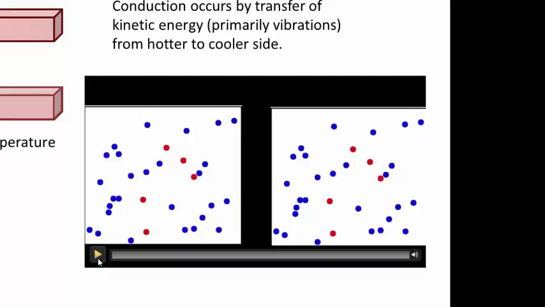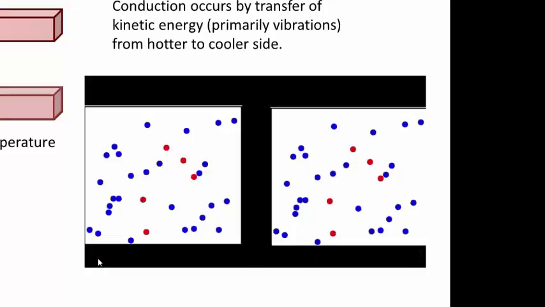Initially in this simulation, I will show two containers of gas or liquids separated, and you'll see that the atoms or molecules on the left have more kinetic energy. They're zipping around more rapidly as compared to the ones on the right. Then in the simulation, I'll bring them closer together, and you'll see what I mean by the transfer of kinetic energy from the left to the right.